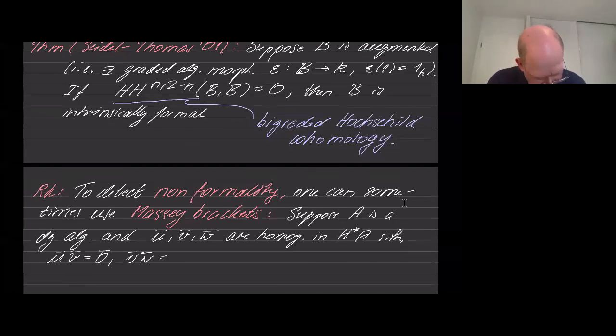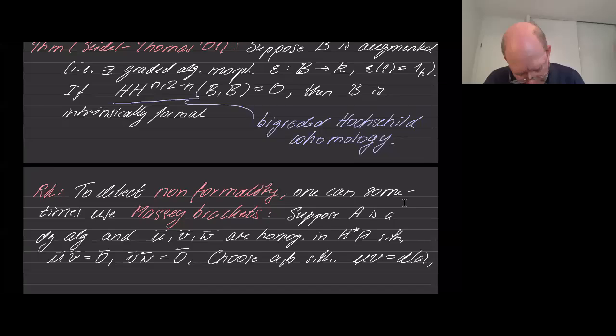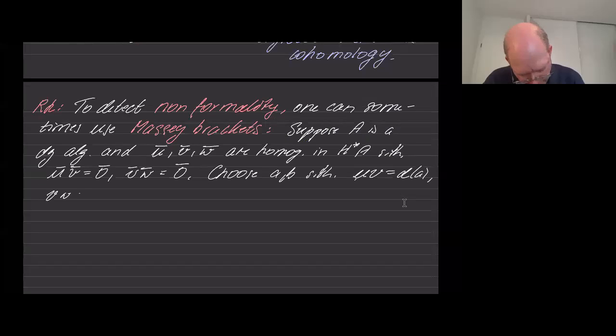And then we choose a and b such that uv is the boundary of a and vw is the boundary of b.